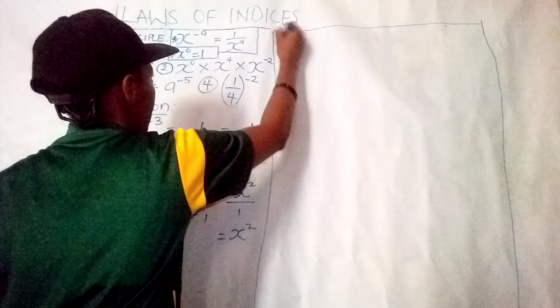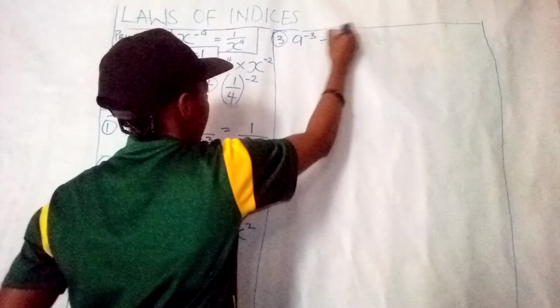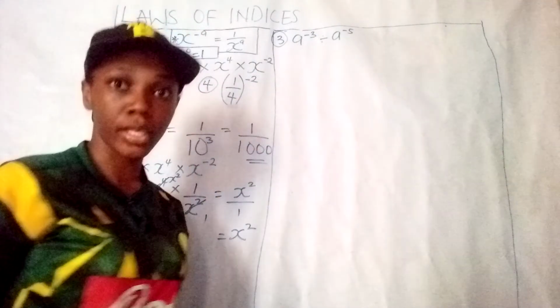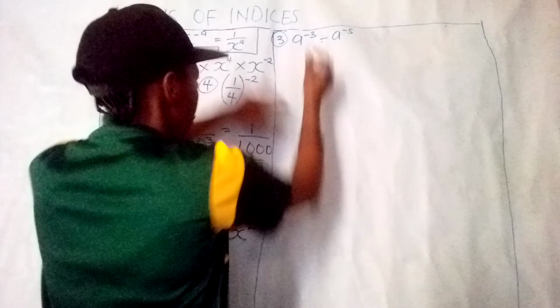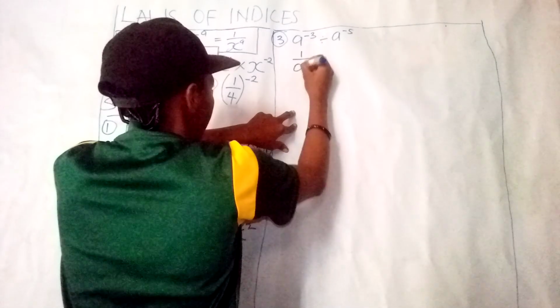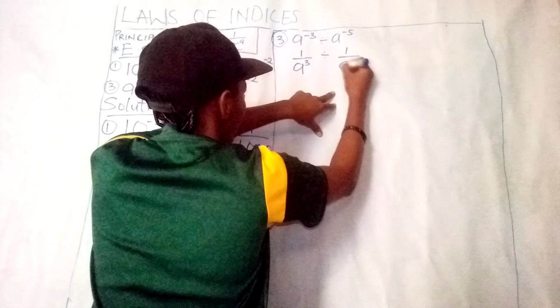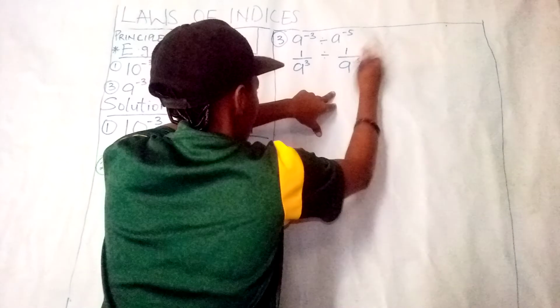Number 3: a raised to the power minus 3 divided by a raised to the power minus 5. Following the first principle, this means 1 over a raised to the power 3 divided by 1 over a raised to the power 5, sorry.